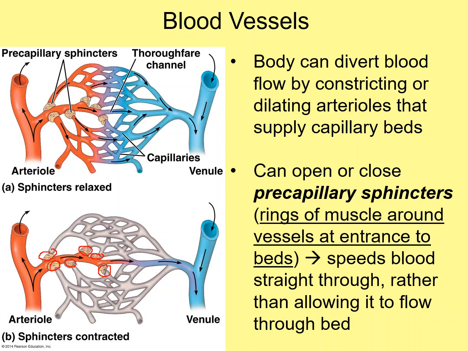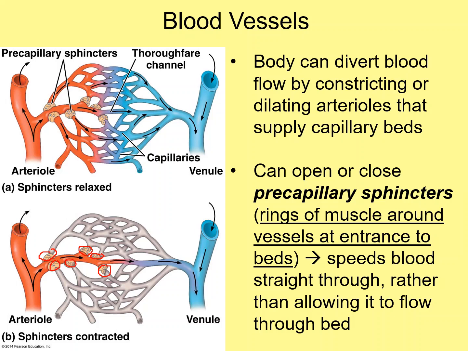You don't really need to be worrying about making pee, so you can restrict blood flow to the capillary beds surrounding your kidneys. You can restrict blood flow to the capillary beds around your digestive tract. You don't need to worry about nutrient absorption and nutrient transport if you've got to run for your life or fight for your life. And that means you can take that blood and send it elsewhere where it's most needed.